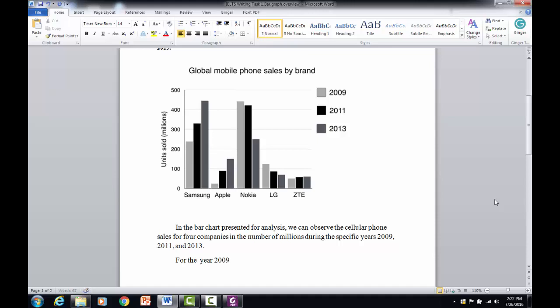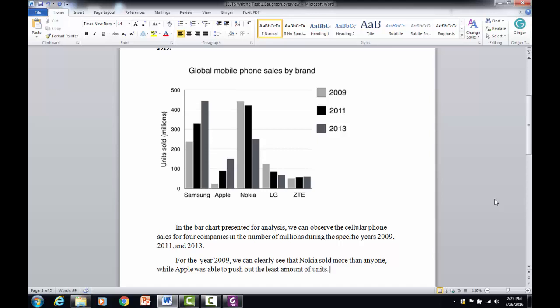For the year 2009, we can clearly see that Nokia sold more than anyone, while Apple was able to push out the least amount of units.